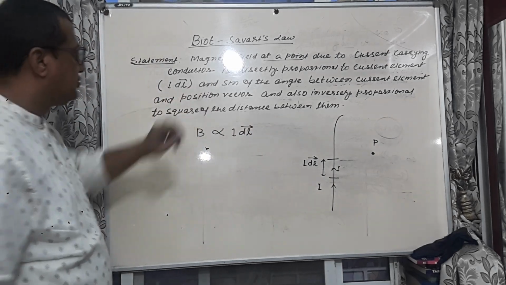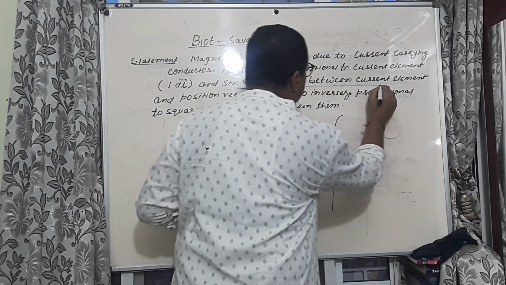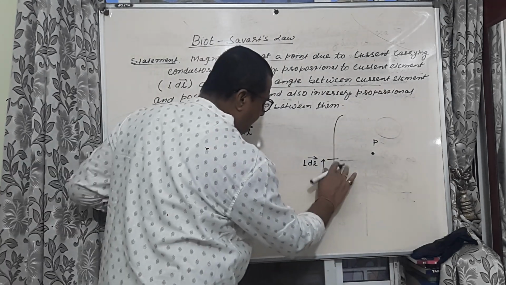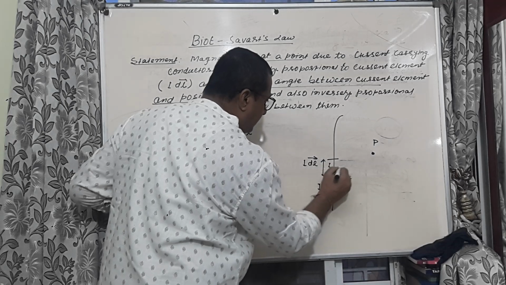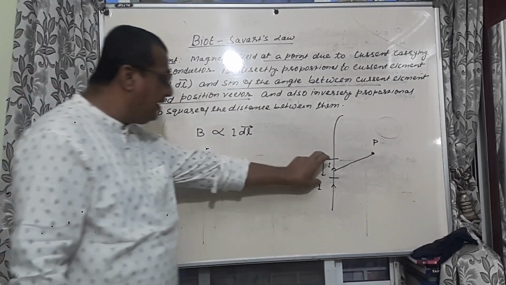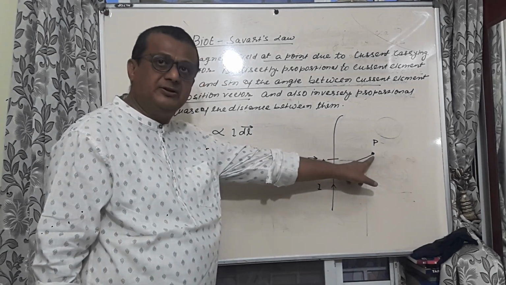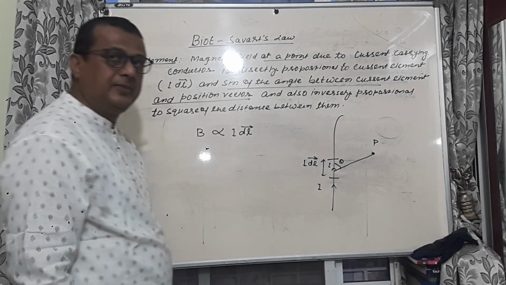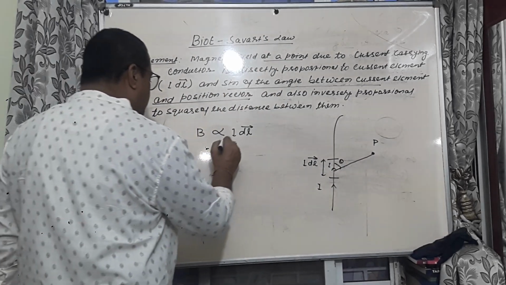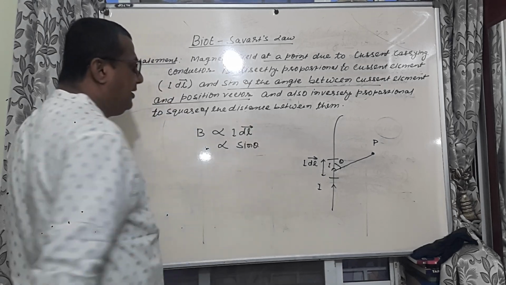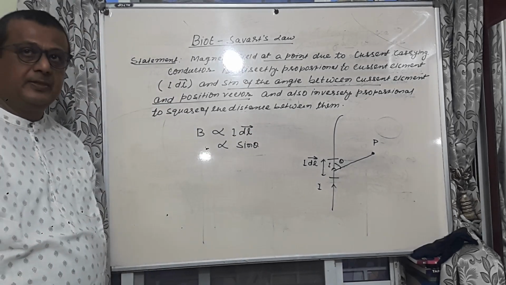Again, sine of the angle between current element and position vector. This is the position vector, between current element and point of observation. We are taking this angle as theta. So it is also directly proportional to sine of the angle between current element and observation point.